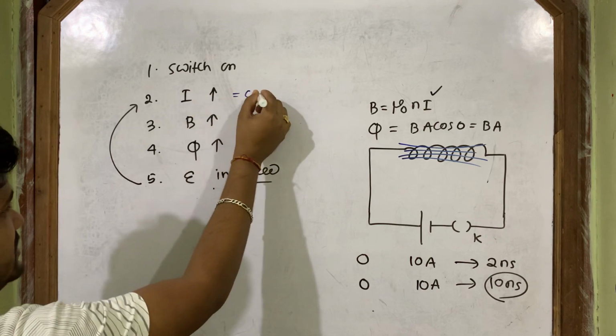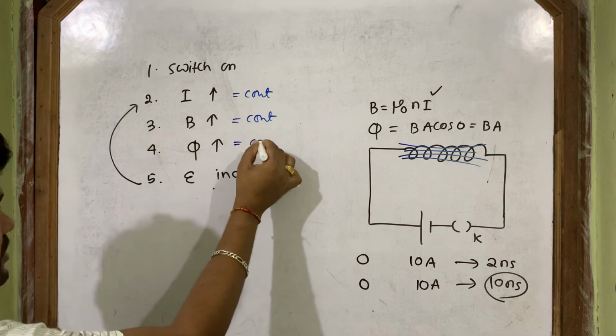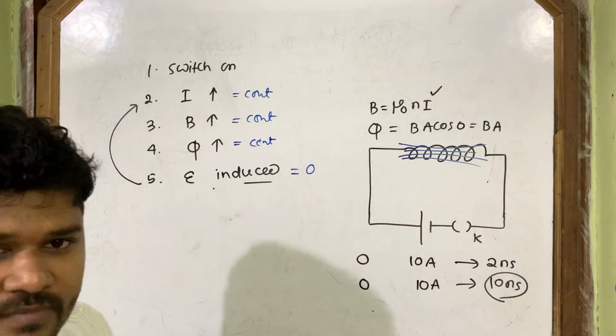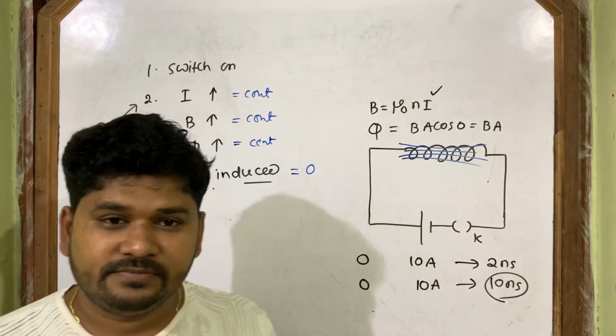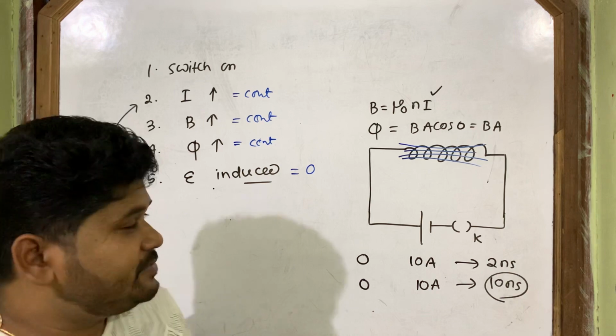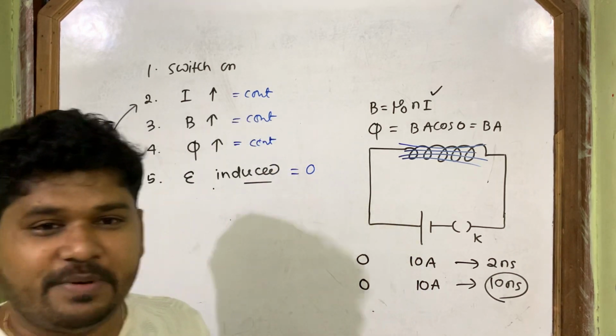Magnetic field is also constant. Flux is also constant. What is the induced EMF? 0. No EMF is induced. Why will EMF be induced? Because flux is constant, Faraday will not come. So no EMF is induced.